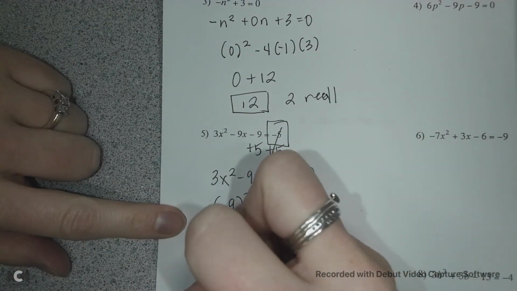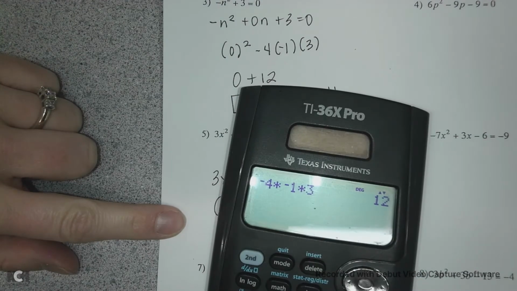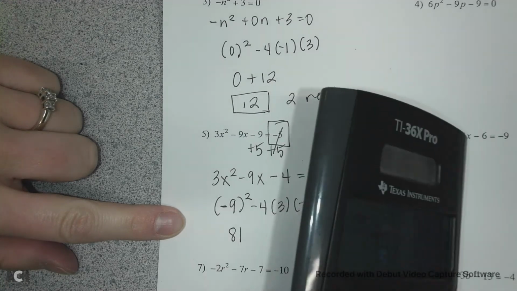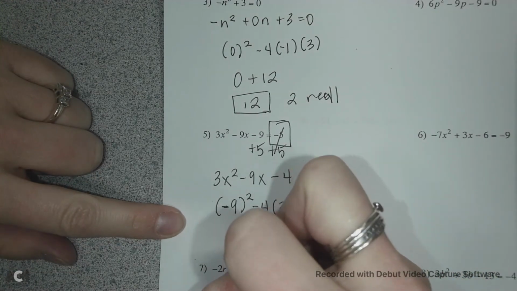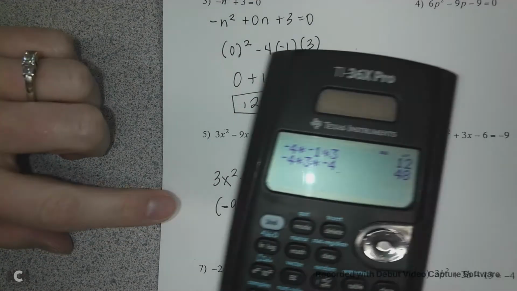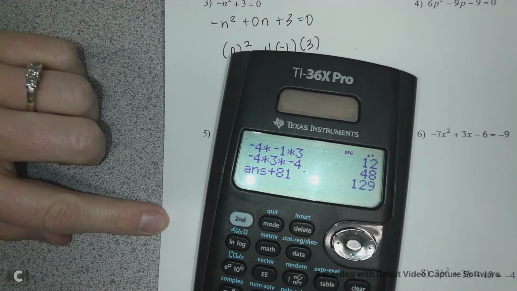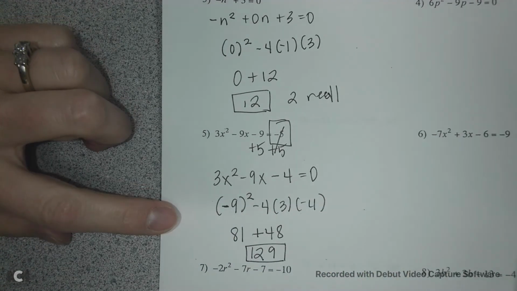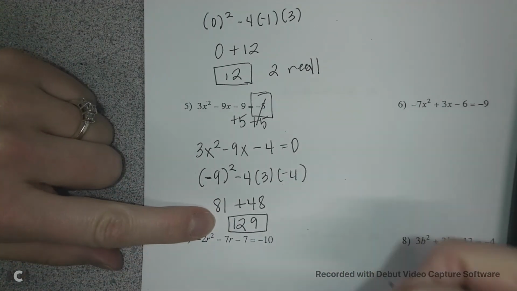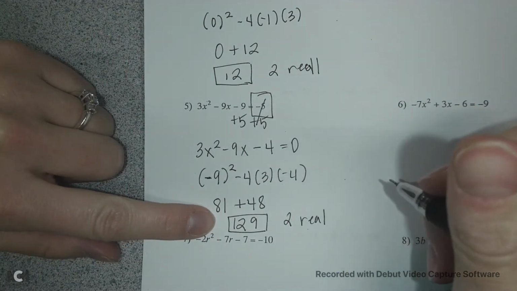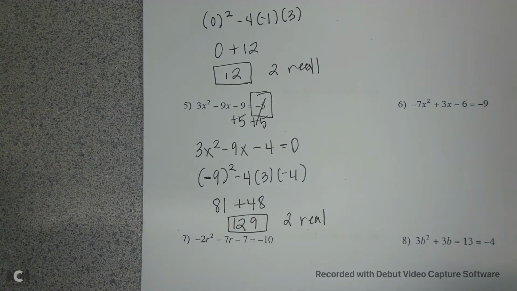So negative 9 squared is 81. And then we have negative 4 times 3 times negative 4. And we get 48. 81 and 48, we need to add, are 129. And that's my discriminant. Since this number is greater than 0, then I have 2 real solutions. And we'll talk more about what that means tomorrow.